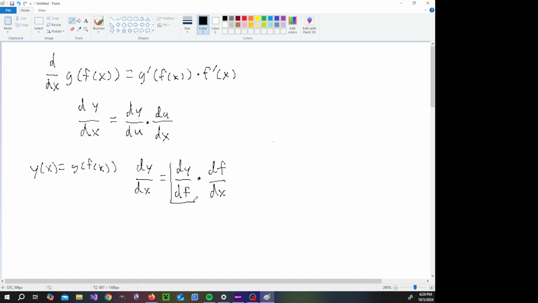And so what does this mean? Well, this means look at the outside function, right? Y is this big outside function here. Take the derivative of this, treating f as your variable, and that turns into the derivative of g with f as the inside part still, times the derivative of f with respect to x, well that's just f prime of x.